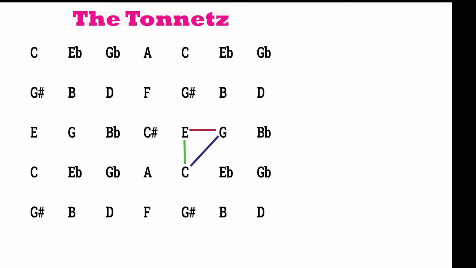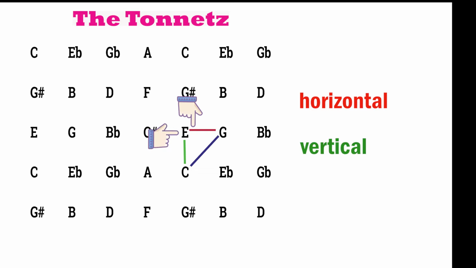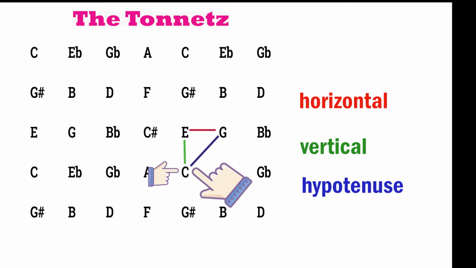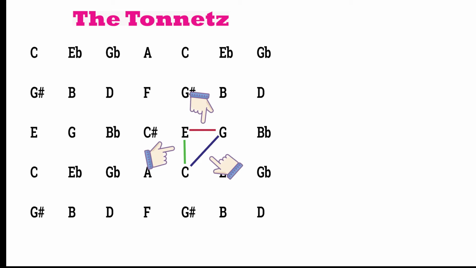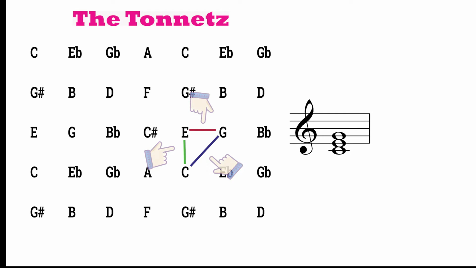For example, our C major triad can be represented as a triangle with three lines: a red horizontal line, a green vertical line, and a blue line we'll call the hypotenuse. That word simply is a geometric term that means the widest side of a triangle. So you can see we have all three elements of the C major triad.